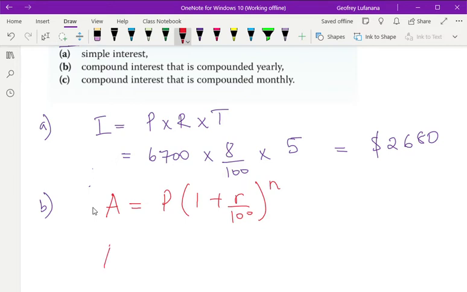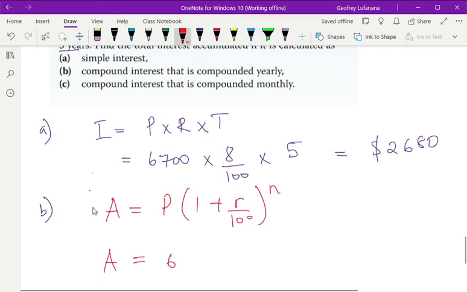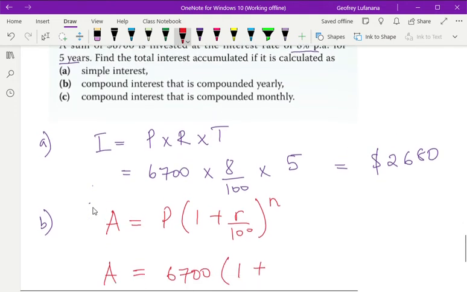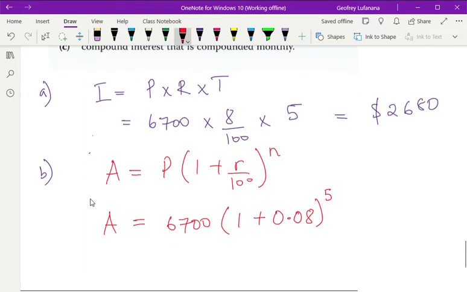So our amount after 5 years is going to be the principal, which is $6,700 into 1 plus our rate, which is 8%, so that's 8 over 100, or I can write it as 0.08, to the power 5. This is 6,700 into 1.08 to the power 5.